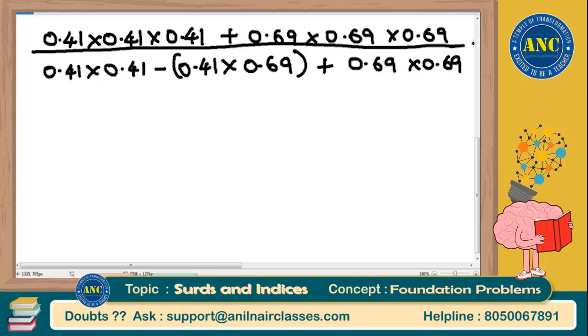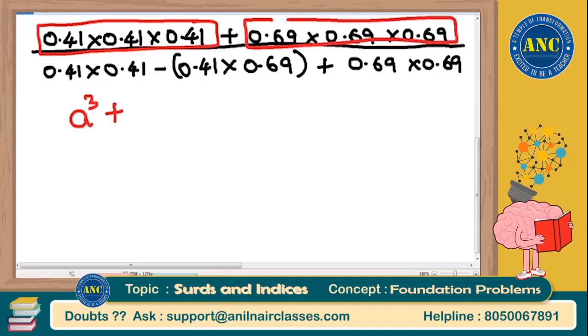Now listen carefully, sir. Again it's a very easy question. This is the same term multiplied 3 times, so I can write it as a power 3, plus the same term multiplied 3 times, which I can write as some other variable b power 3, divided by this. 0.41 I already called a.